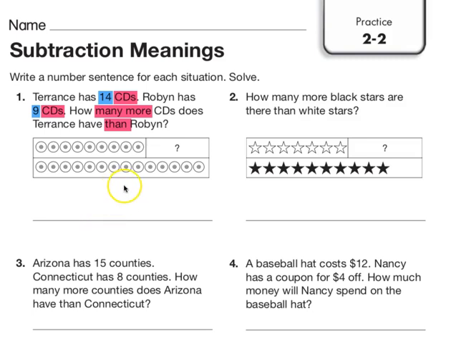So I have, let me get my handy dandy pen. So I have my big number, my whole is 14. And then, because that's how many Terrence has, how many more does Terrence have than Robin, which is 9. Come on, pen.